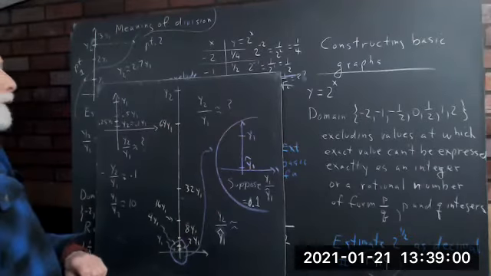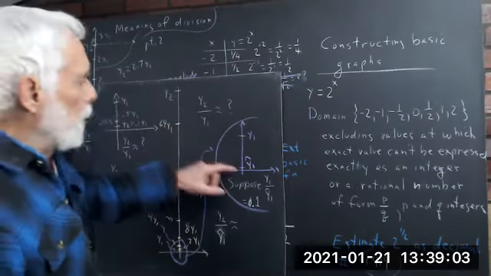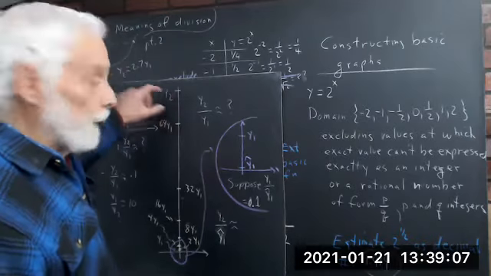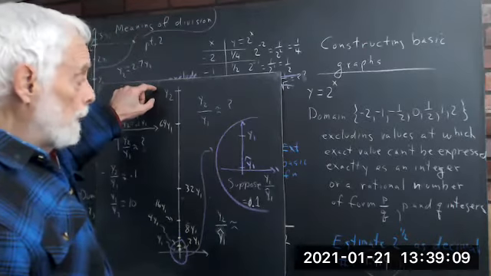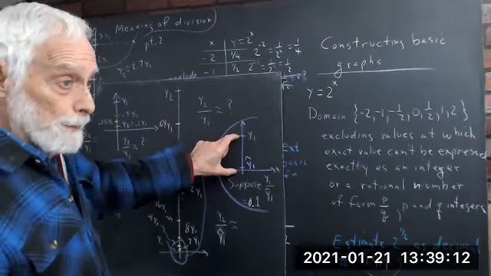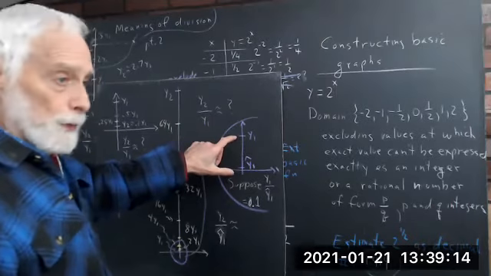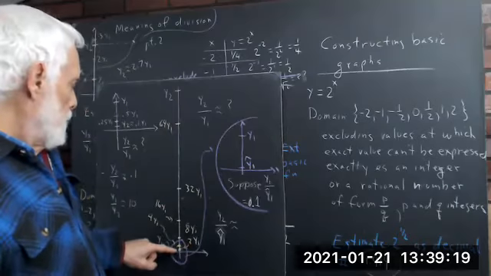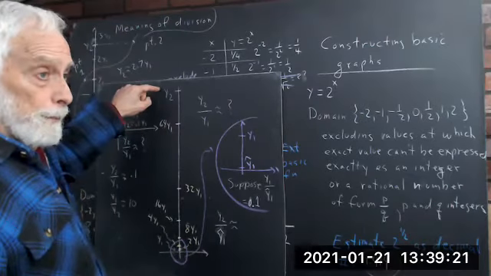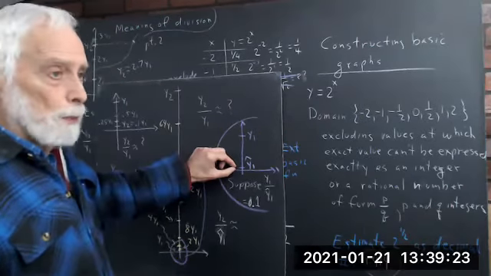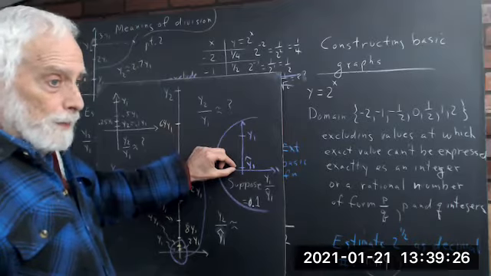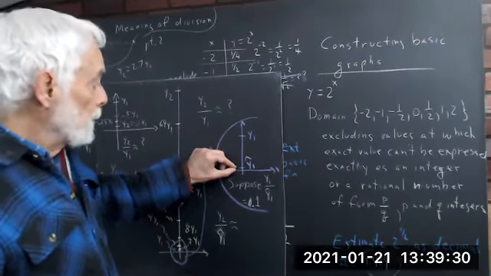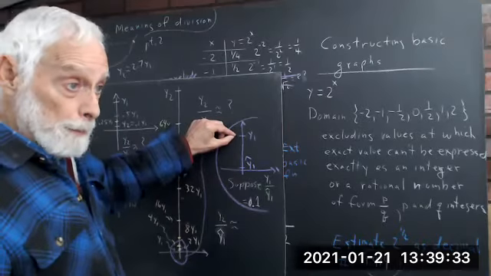Okay, now the question is, we're trying to do y2 over y1 hat. Does it take more y1 hats to make y2 than it takes y1s? Okay, we'll assume that it takes 100 y1s to make y2. Is it going to take more or fewer y1 hats? Well, it should be clear that y1 hat is a lot smaller. It's just going to take more of these. It's going to take 10 of these to just make up y1.